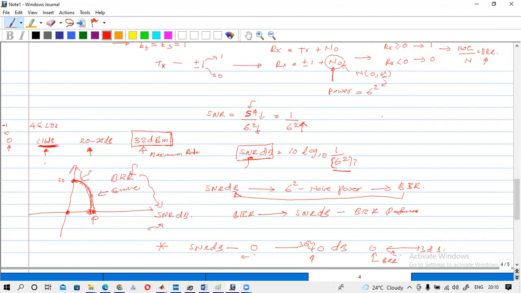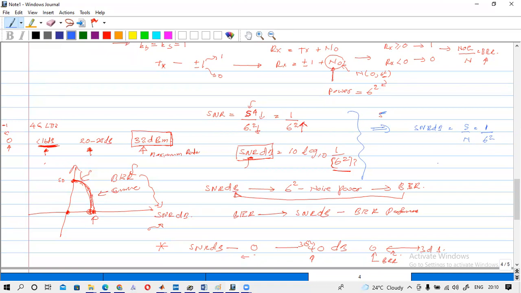I am going to repeat these things again. SNR is the symbol power divided by the noise power. We set our symbol power, the symbol energy, to 1, and our noise power will be sigma square.